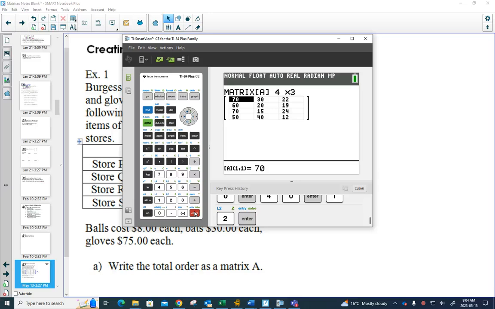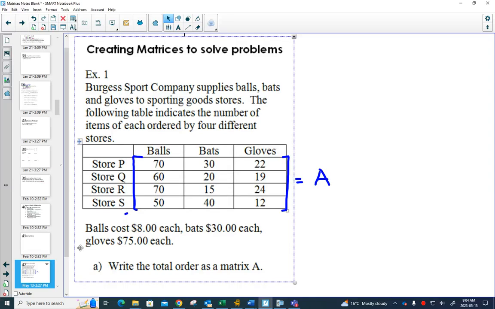Okay, so we've got our matrix A written in there.